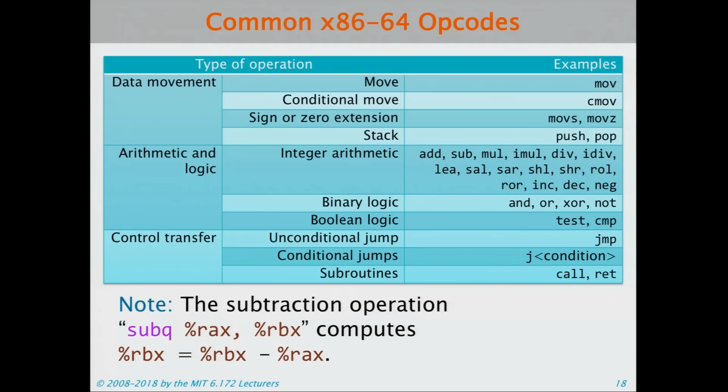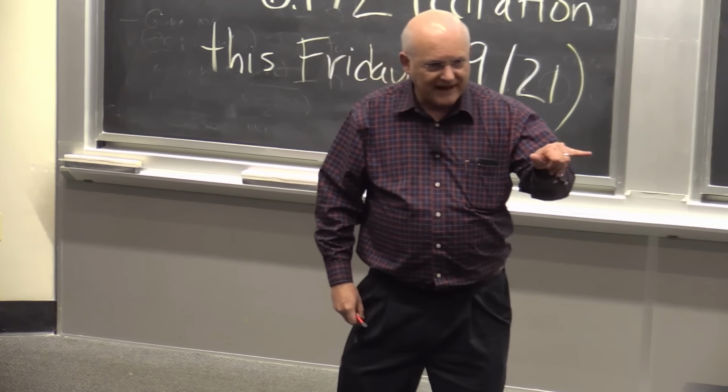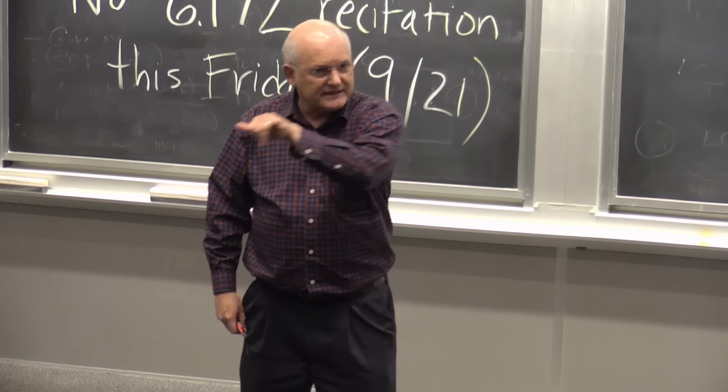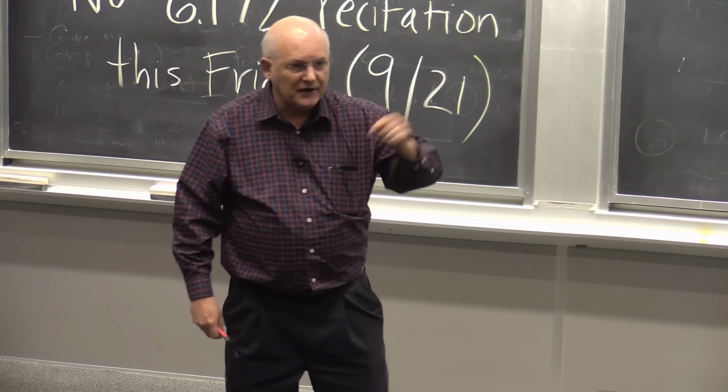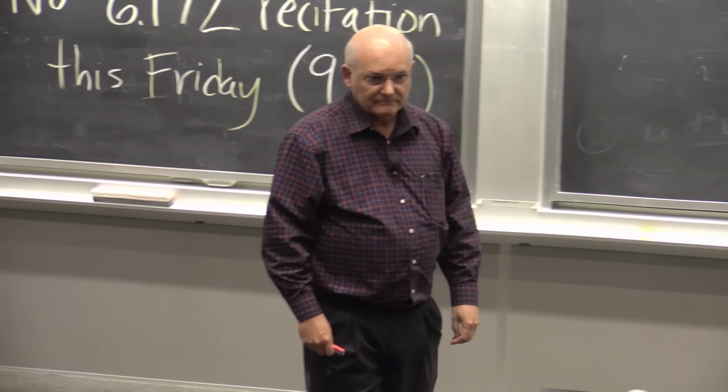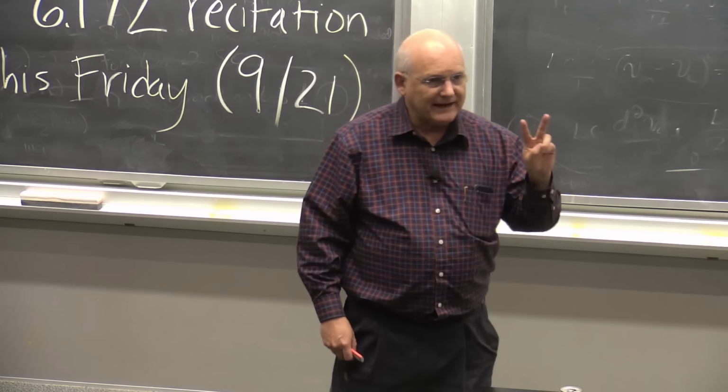Then you can extend the sign. So for example, suppose you're moving from a 32-bit value register into a 64-bit register. Okay, then the question is, what happens to the high order bits? There's two basic mechanisms that can be used.